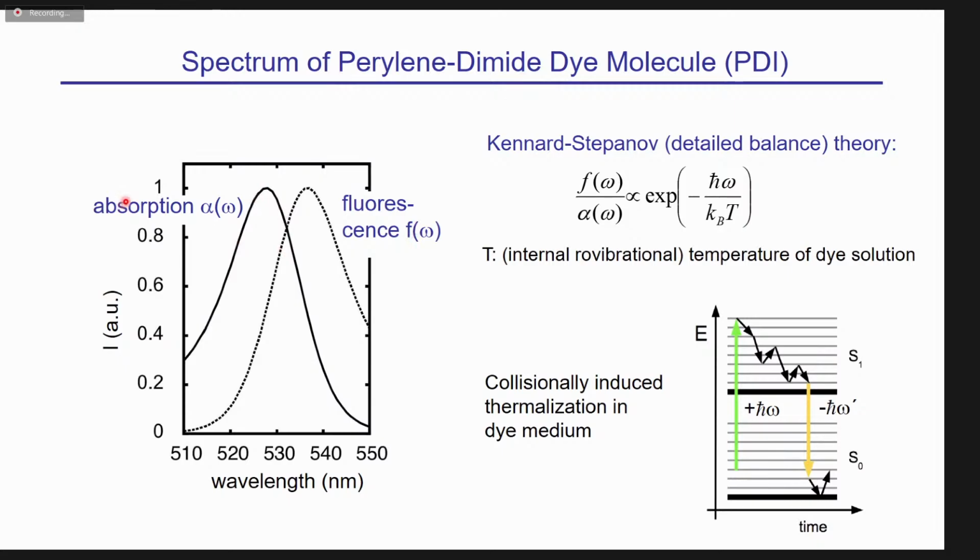You see here both the absorption and the fluorescence spectrum, and it now turns out that the ratio between the fluorescence and the absorption has a Boltzmann-like scaling, which describes the Stokes shift that we see here. It is proportional to e to the minus ħω divided by k_B T, where ħω is the photon energy and k_B T is the thermal energy.